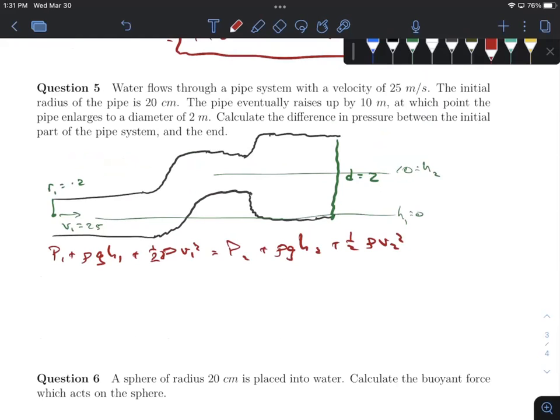What is it I'm looking for? The difference in pressure. And of course, difference in pressure, as before, just means P2 minus P1. So I'm going to bring P1 over to one side, and everything else goes on the other side.